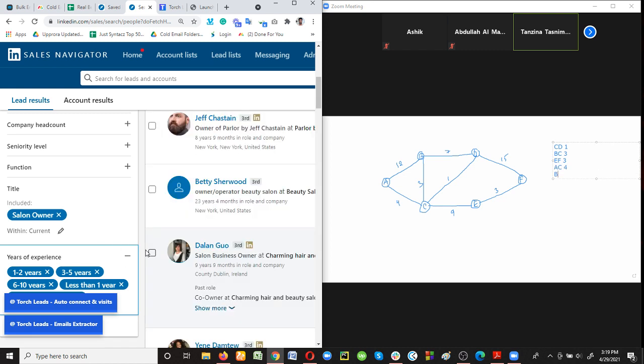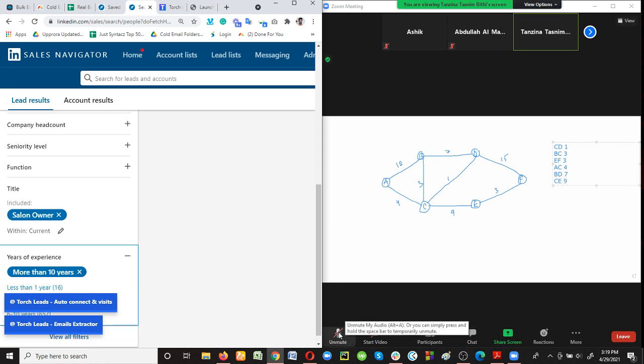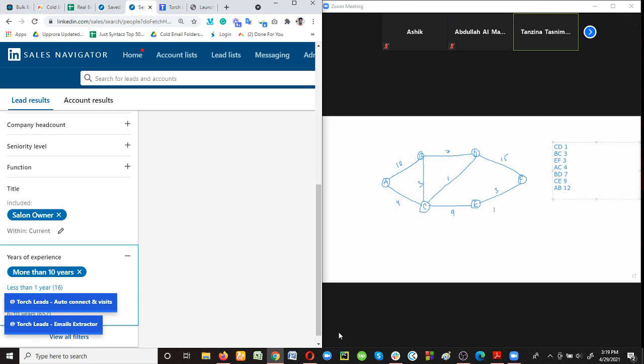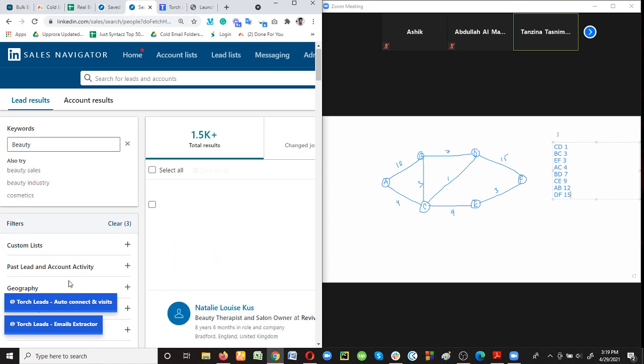The next one will be BD, with weight 7. After that, CE. What is the weight of this CE? 9. The next one will be AB, with weight 12. After that, DF, 15.